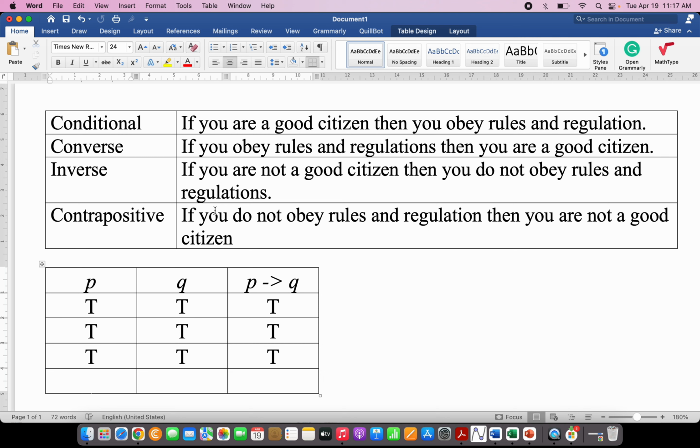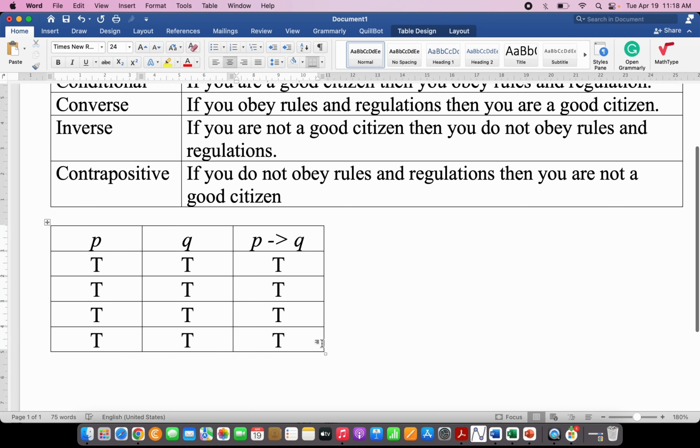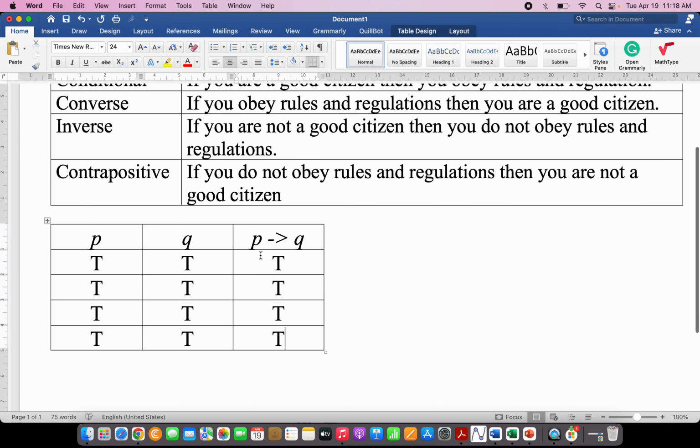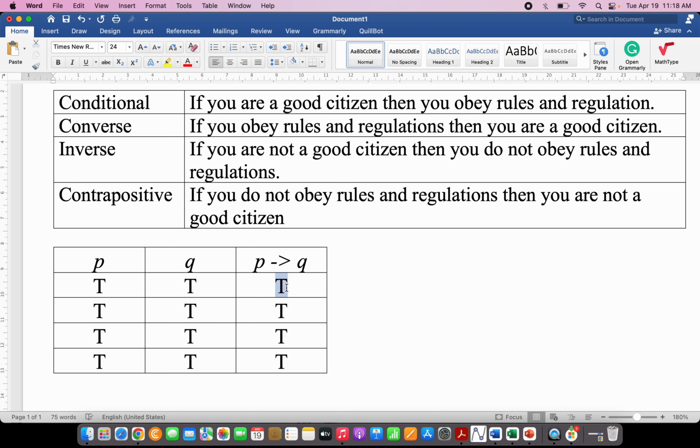How about the contrapositive? If you do not obey rules and regulations rather, it should be parallel. So which is true, then you are not a good citizen. The conclusion is also true, and the truth value is true. Ayan. So that means all the truth values of the different variations, iisa lang yung value which is true.